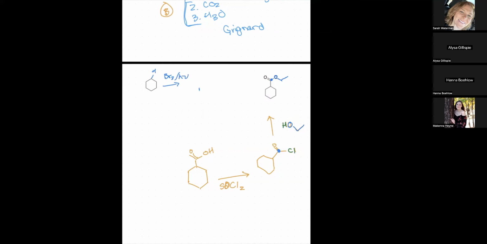BR2 HNO, right? Does NBS in light still work for that, or would it be preferred to do BR2 and HV? Because I forget which ones, but certain ones it doesn't work. I think NBS and HNU are the ones that are compatible with everything, and BR2 HNU is more selective.